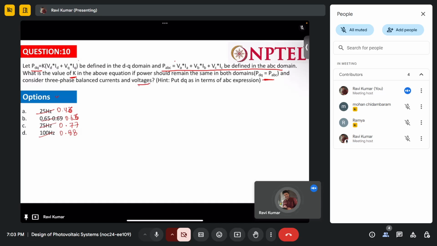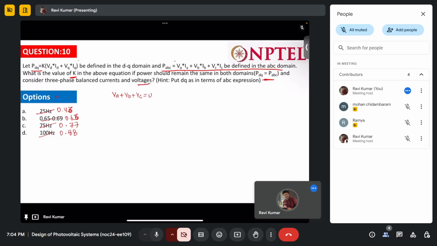So there are only three conditions given. First of all, for the balanced current and voltage, we have VA plus VB plus VC equals 0.